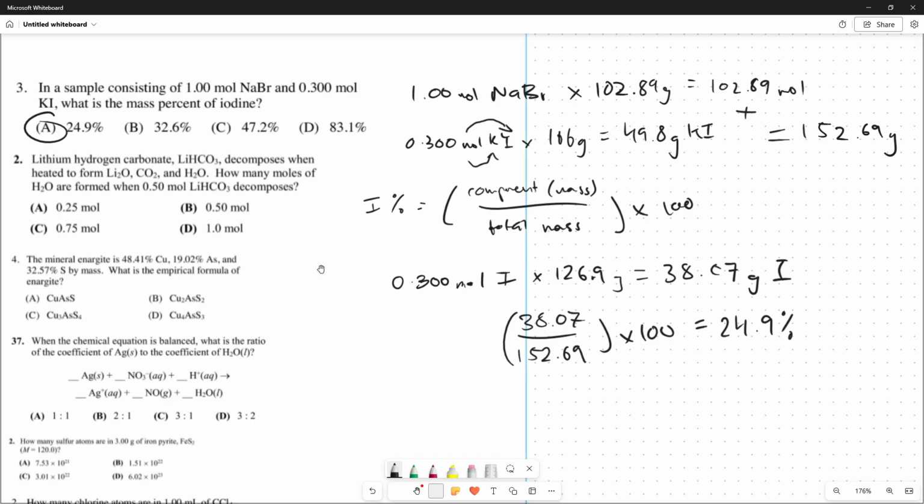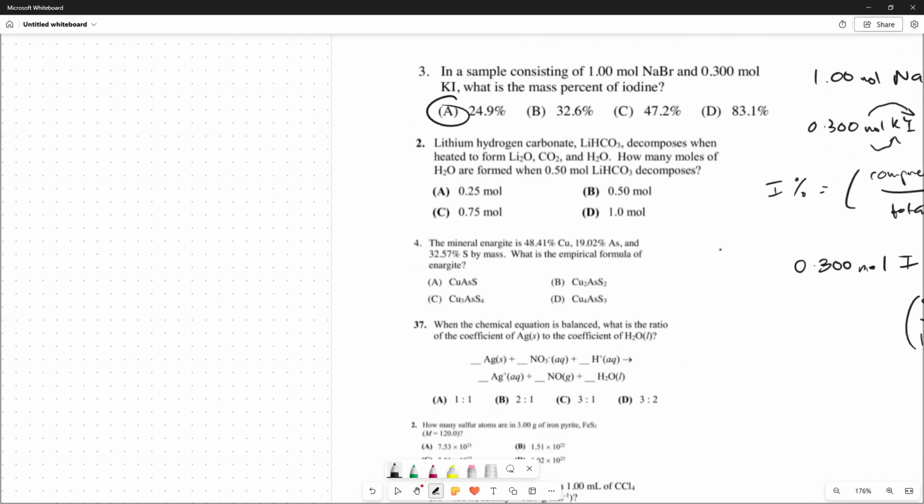Moving on to the second question. Lithium hydrogen carbonate decomposes when heated to form Li2O, CO2, and H2O. How many moles of H2O are formed when 0.5 moles of LiHCO3 decomposes? This question is pretty simple, but let's look at it. LiHCO3 is going to decompose into Li2O, CO2, and H2O.